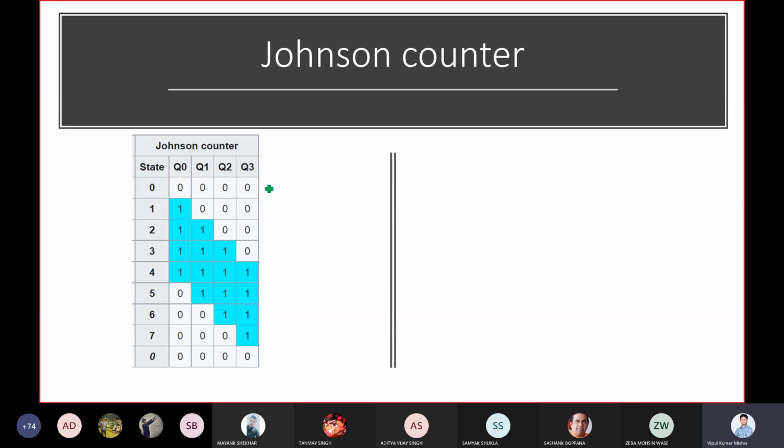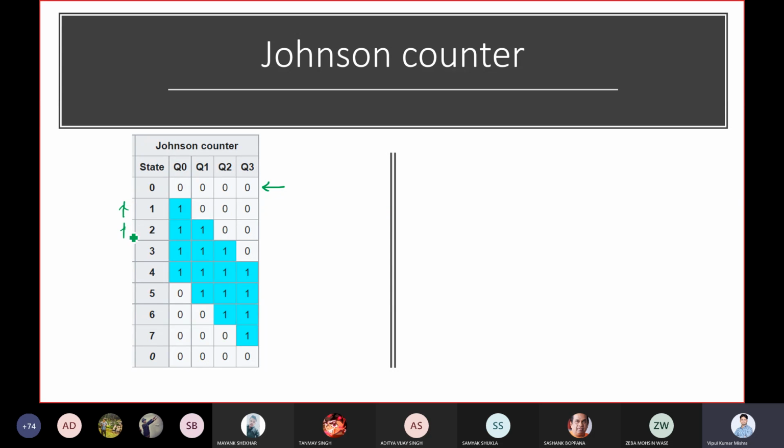Here, the first thing we require is all zeros at the initial point. It means we will reset all the flip-flops at the initial point, right? Then the next value, this will come as 1 whenever the next clock cycle or rising edge comes.